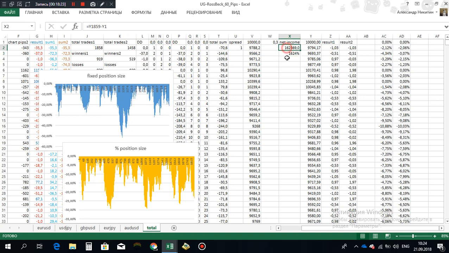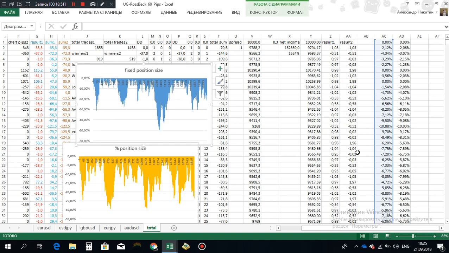The net income was 162,000 and 369. Yes, and it is 1,624% over the period of 19 years.